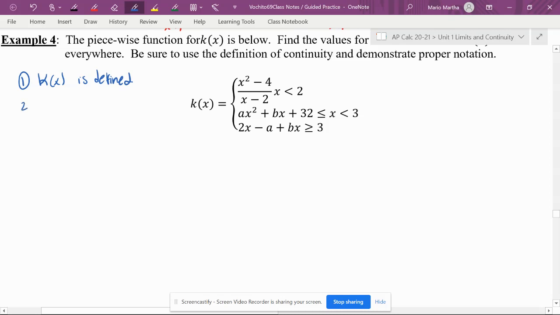The second condition is that the limit exists, so the limit as x approaches any value c of k of x exists. And the last condition is that the limit as x approaches c of k of x matches k of c.